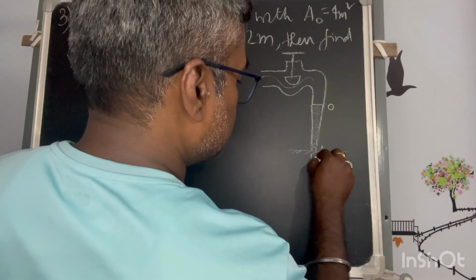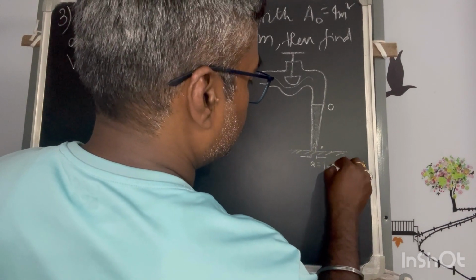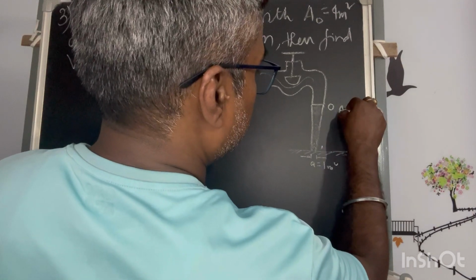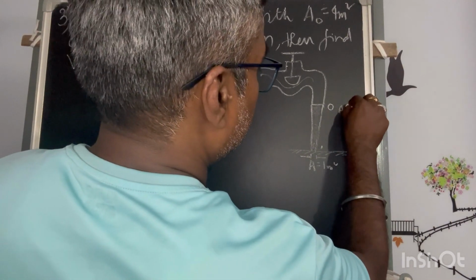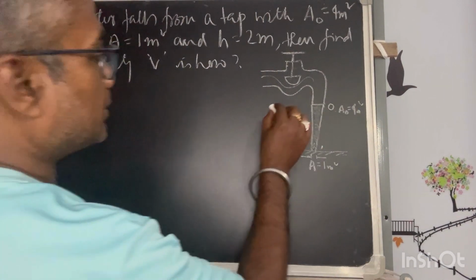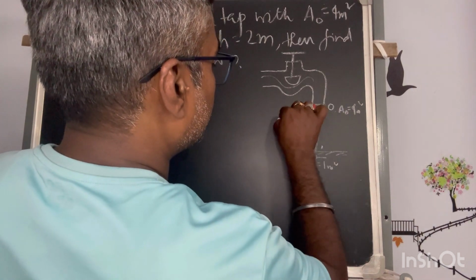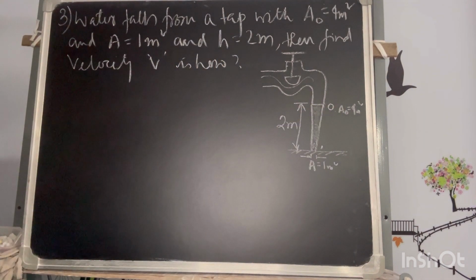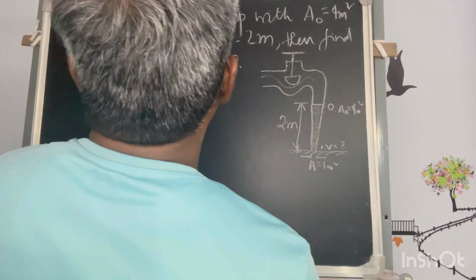So the cross section here is A equal to 1 meter square, and at point 0 the cross section is A0 equal to 4 meters square. The height is 2 meters, and the velocity V here is what I need to find.